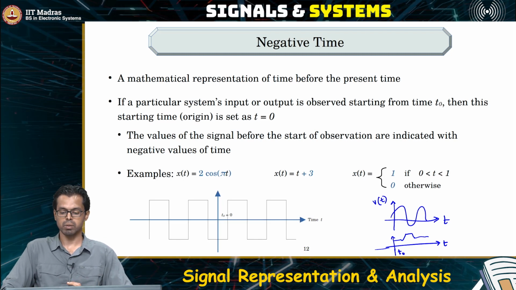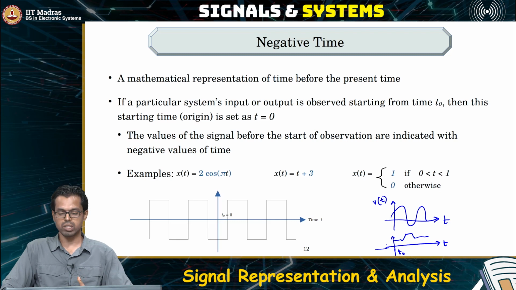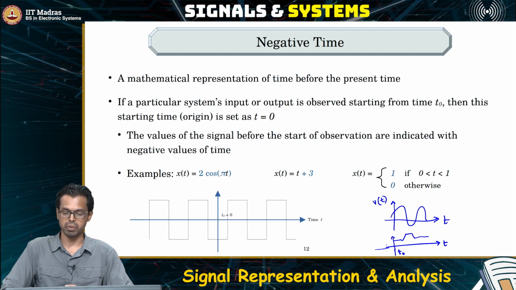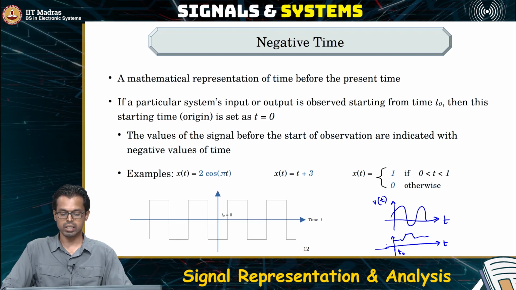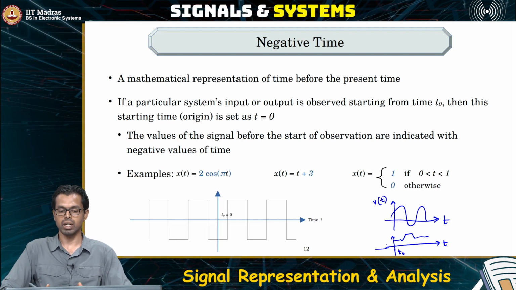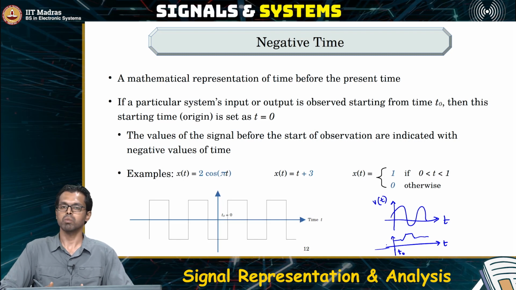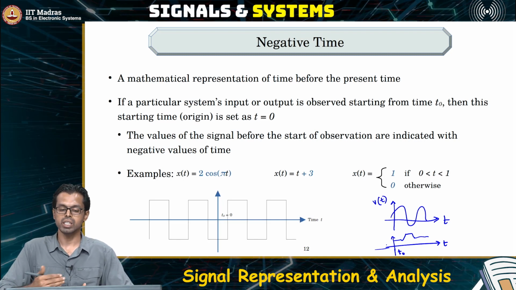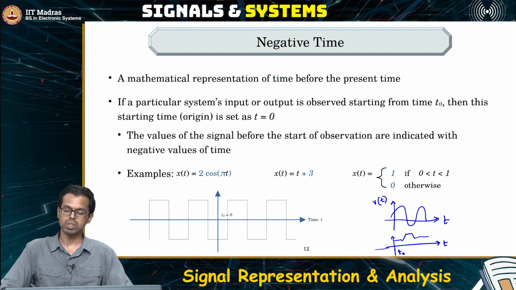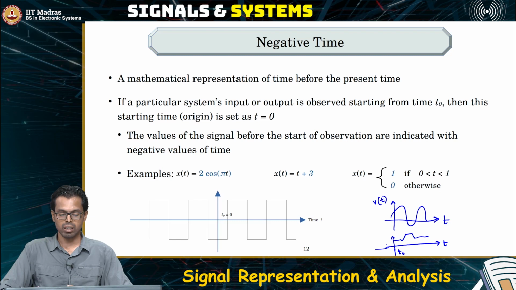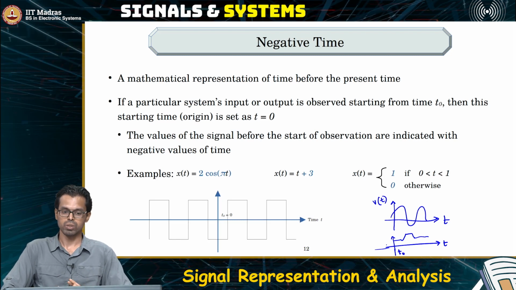So we set the origin of this representation to be the point where we start observing. I'll say that the origin is t naught equal to 0. That's the point where I started observing the signal, and this is all I know from my point of initiation, my point of starting. Something would have existed even earlier. What is that? That corresponds to the negative time. So this is all we'll say.